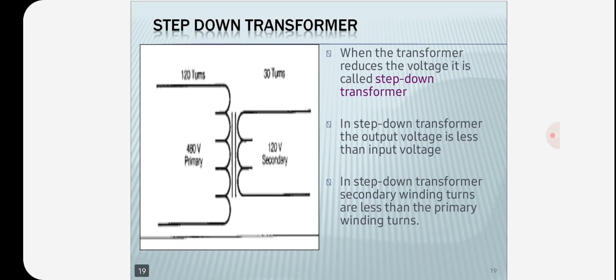In step down transformer, when the transformer reduces the voltage it is called step down transformer. In step down transformer, the output voltage is less than input voltage. In step down transformer, secondary winding turns are less than the primary winding turns.